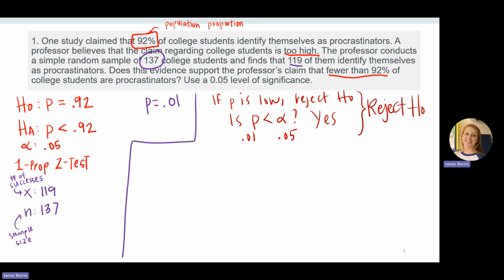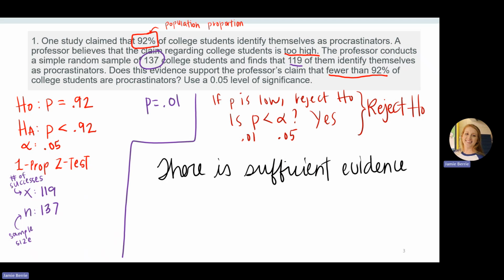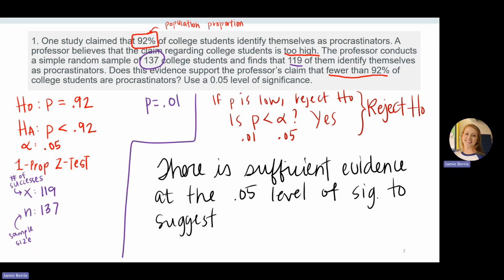And let's interpret that decision. If we reject H0, we say there is sufficient evidence at the 0.05 level of significance to suggest, and then let's restate the alternative hypothesis.